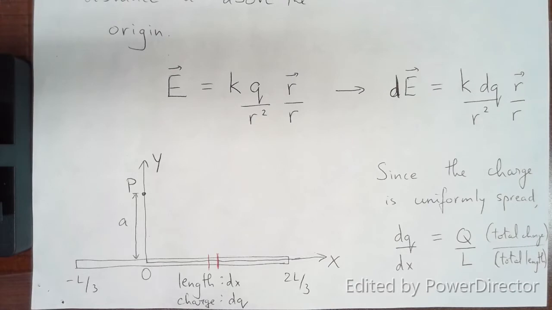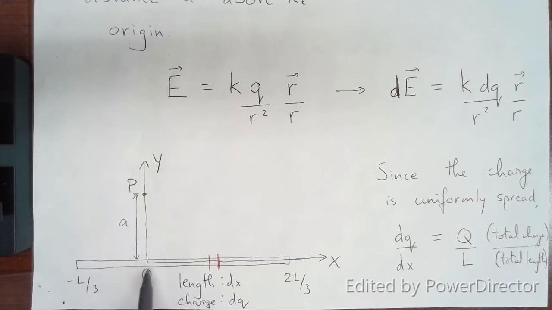All right. Now it's important that when you draw out your picture and draw your little selection, it should not be at a special point. So it should not be directly below at the origin. It should not be at one of the extreme ends of the rod. It should be at some generic spot, preferably though on the positive side of the axis, regardless of whether that's on the x-axis or y-axis and so on.